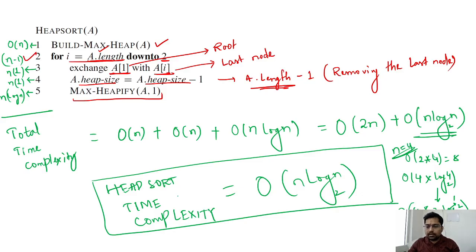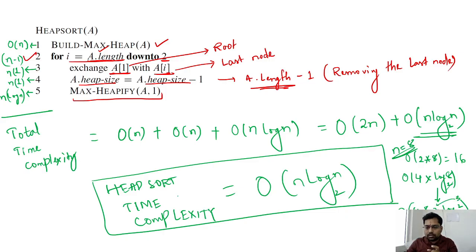After getting this, here is also 8. So the two are equal. Now take the value of n as 8, which is 2 to the power 3.